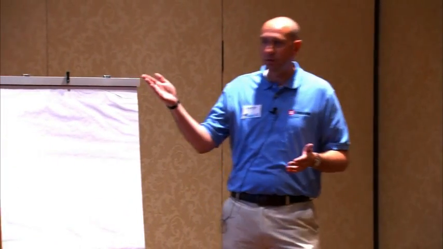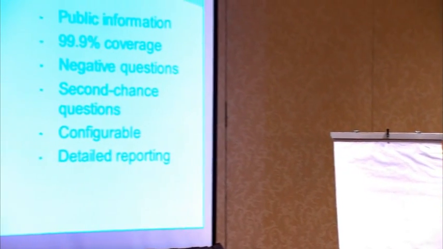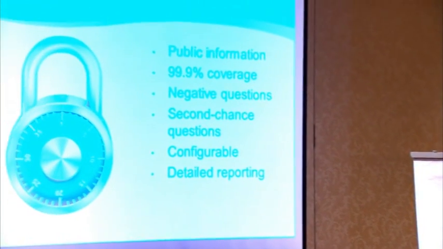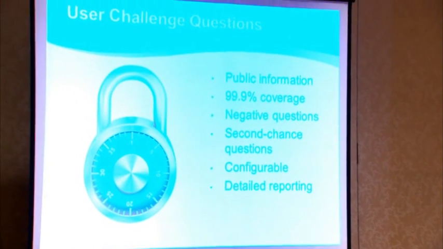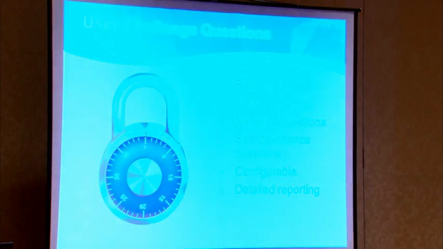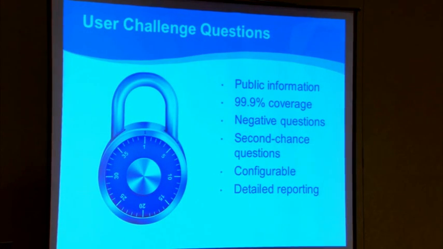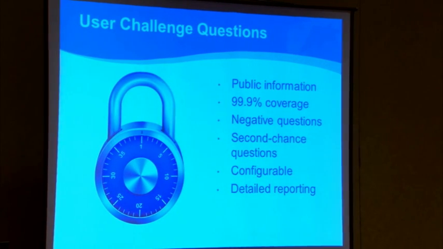Things like the address, roommates, anything that's a matter of public record, these companies can aggregate that data on an individual and be able to present that individual with a number of challenge questions to be able to say, answer these, and they're, again, configurable to where you could say, there's 3 challenge questions, you have to answer 2 of the 3 correct, or if you missed 1, then we're going to give you an additional one, a 4th challenge question. If you pass that one, you're good. If you fail that one, you're done.